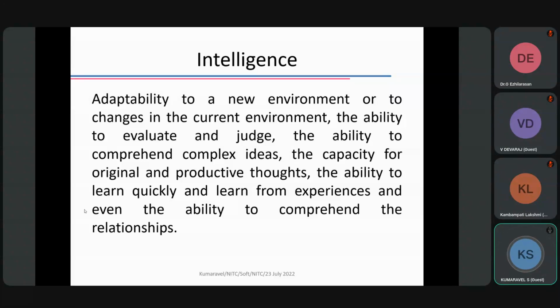For example, if you bring a person born and brought up in the USA to India, for some period of time they will struggle, maybe language wise, food wise, culture wise, and later they will settle. That is called adaptability, you know very well.